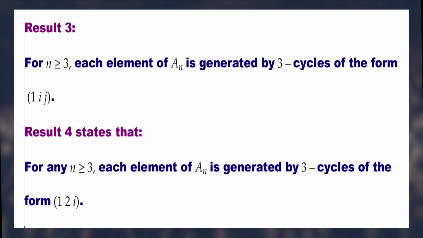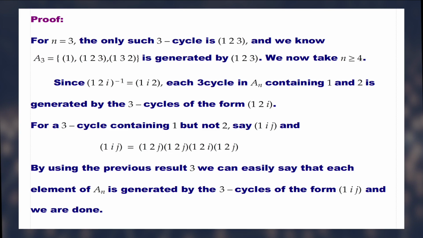Let us prove this. For n equal to 3, the only such 3-cycle is (1 2 3), and we know A_3 is equal to the set {e, (1 2 3), (1 3 2)}, which is generated by (1 2 3). We now take n greater than or equal to 4.